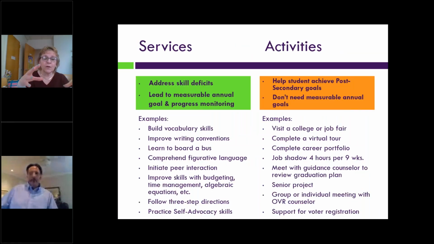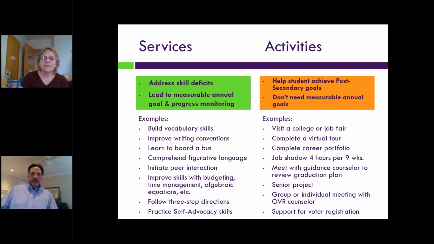Now, this is where we show you another example of the services and the activities. This is really nice because it shows you some more ideas around what an actual service could be and what it needs to look like.